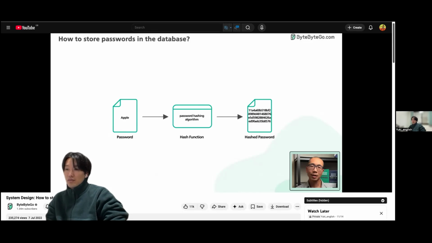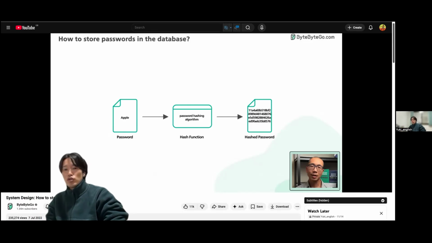If the database was broken by attackers, how to store, and how to prevent the attacker getting them.